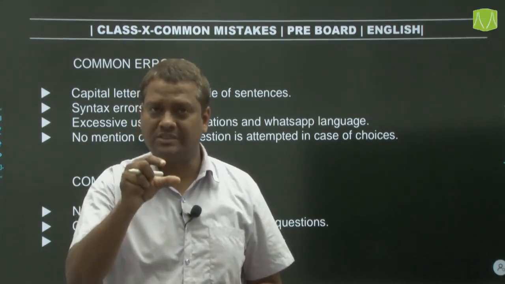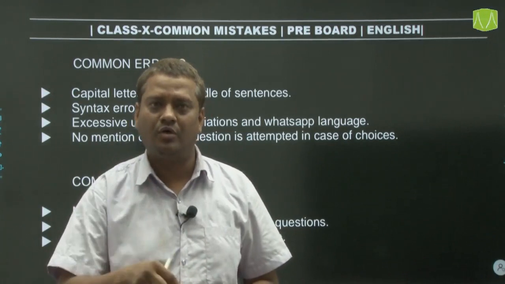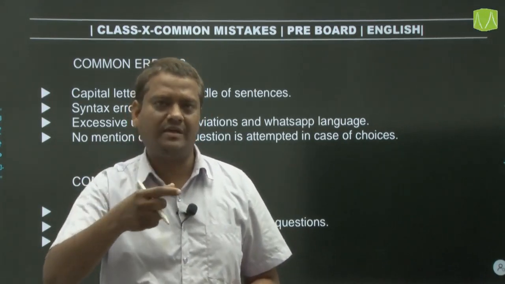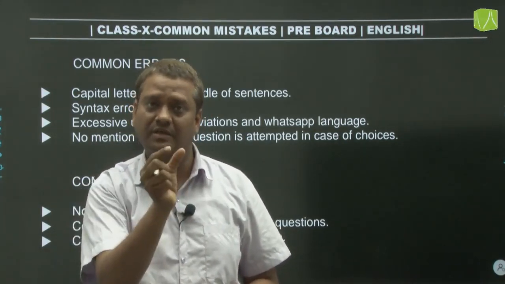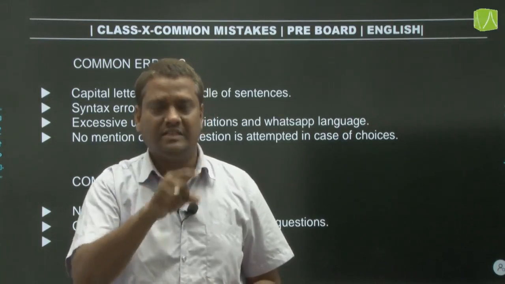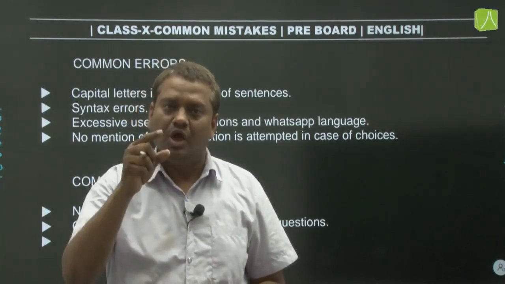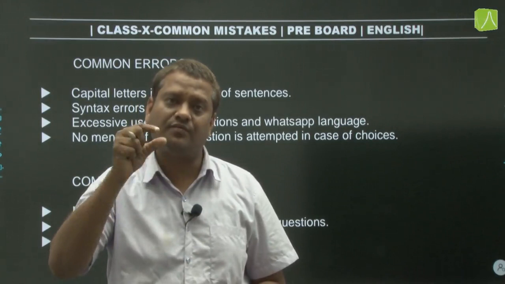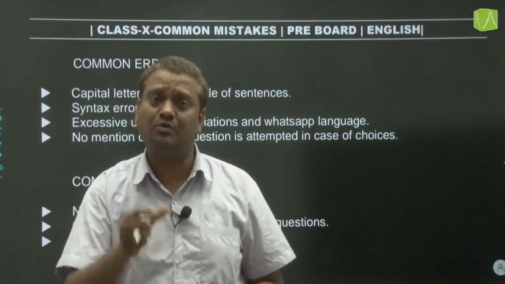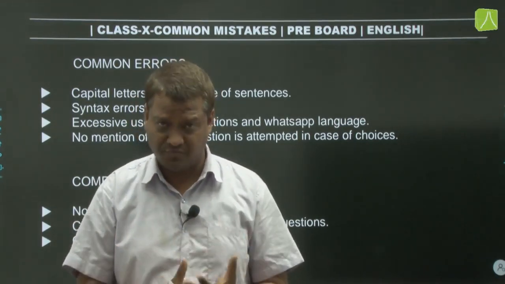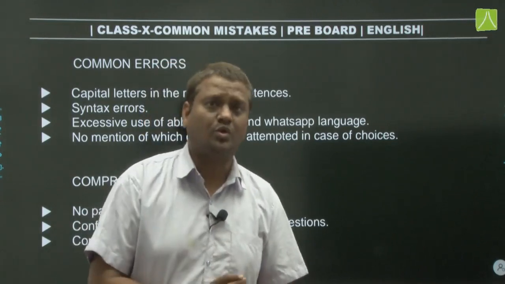Then you have to concentrate only on paragraph 4, not on paragraph 3. If the synonym is given in paragraph 3, that is not the answer. It is given in the question that you have to choose the answer from paragraph 4. So don't be confused.